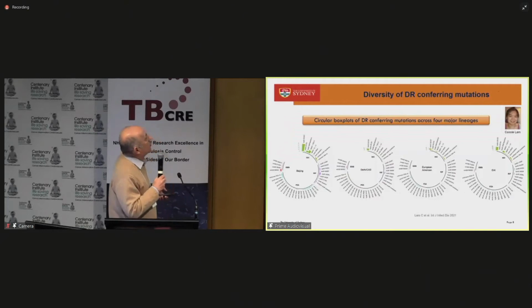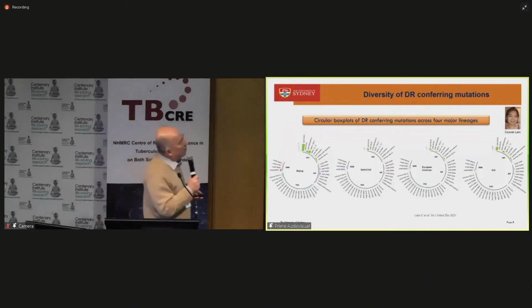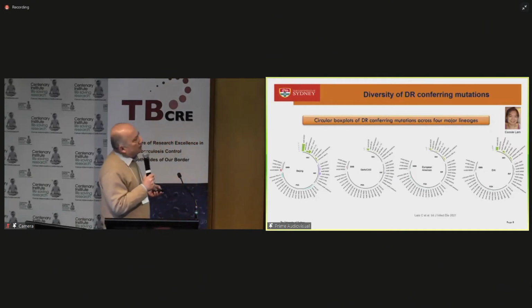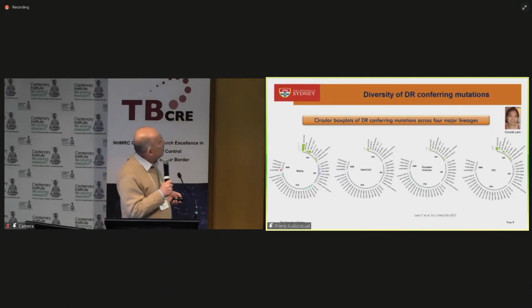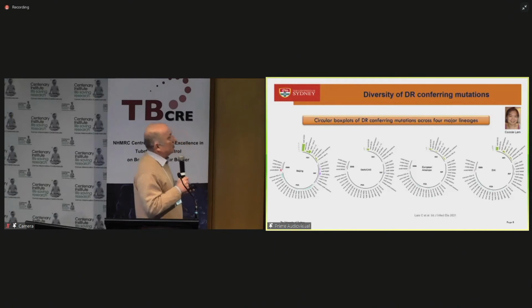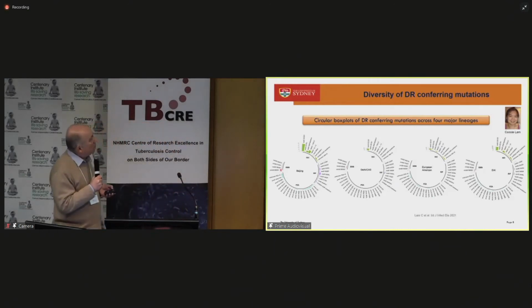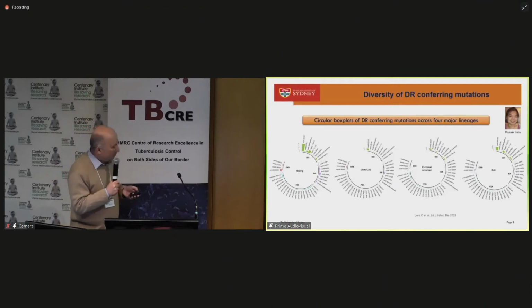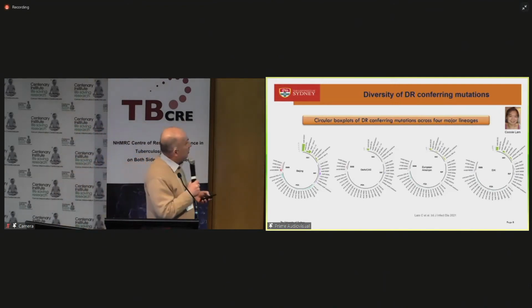So Connie looked at the diversity of drug resistance conferring mutations according to individual lineages, and again you can see a very large spectrum of mutations in individual lineages, and the majority of them are in Beijing. There are some differences in these mutations, but nevertheless the important point is that whole genome sequencing gives you this genome-wide view, and the majority of mutations that confer increased MICs are reliably detected.